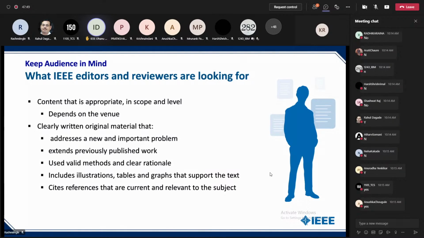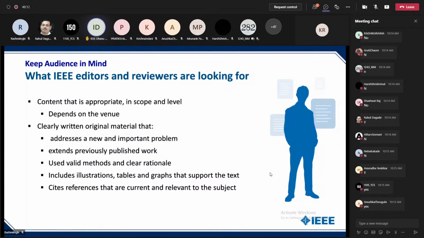Obviously, yes, it can extend previously published work. For example, if you presented a paper in a conference and would like to take this forward and make it a journal paper, yes, of course, that is very much welcome. But again, the important thing is what is the value add you have done in that particular paper?